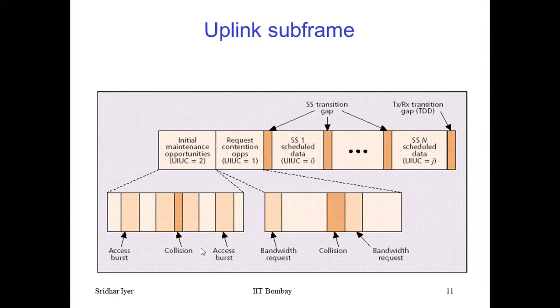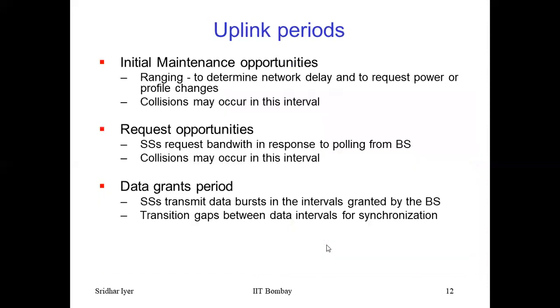UIUC1 shows the access burst, collision, access burst, bandwidth request, collision, and bandwidth request. This should be self-explanatory in this diagram. The given bytes will be utilized in the uplink subframe. Right? Access burst, collision, access burst, bandwidth request, collision, and bandwidth request.